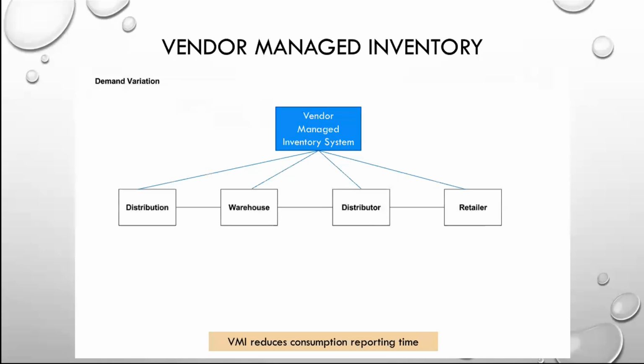You also have MRPs, which is material resource planning. Sometimes I hear it called manufacturing resource planning. They're both valid. In this case, what we do is the vendor controls the entire chain by telling everybody in this chain what they need to do.